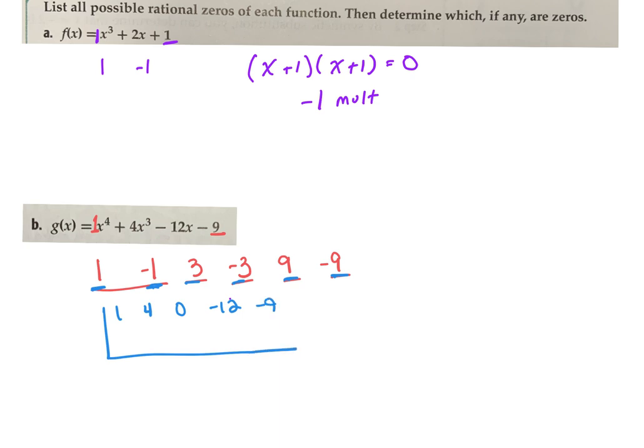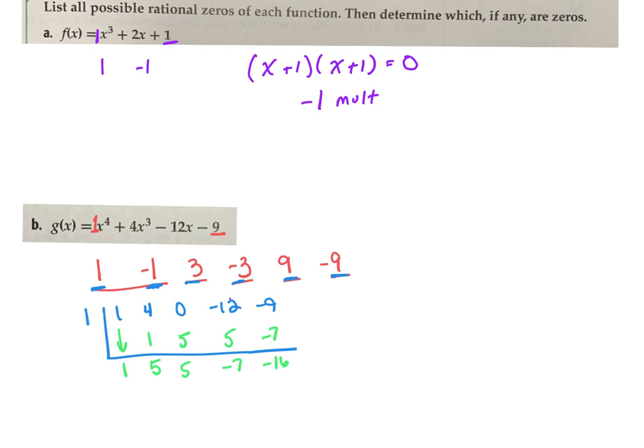If it doesn't have a coefficient, you have to plug in a 0 for it. It started with x to the 4th, so we had x to the 4th, x cubed, x squared, and x. Since there was no x squared, I had to put a 0 there. So I'm going to test my 1. Add, multiply up, add down, multiply up, add down, multiply up, and so on.